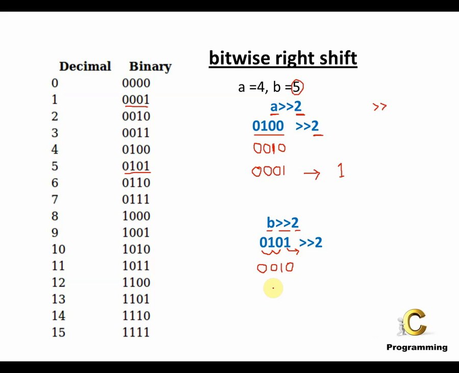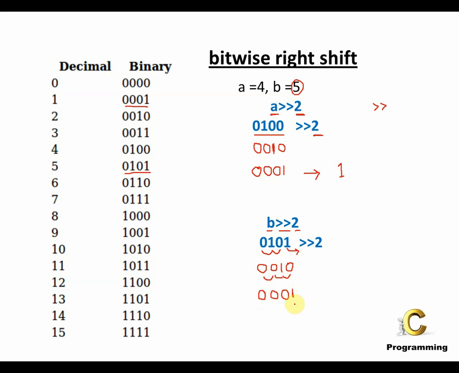Now let's do the second place of shifting. This will be shifted over here, so 1 in the first place, 0 shifted over here, so 0 over here, then this 0 shifted over here, so you get a 0 over here, and again you see there is an empty spot, so this empty spot will be filled by a 0.